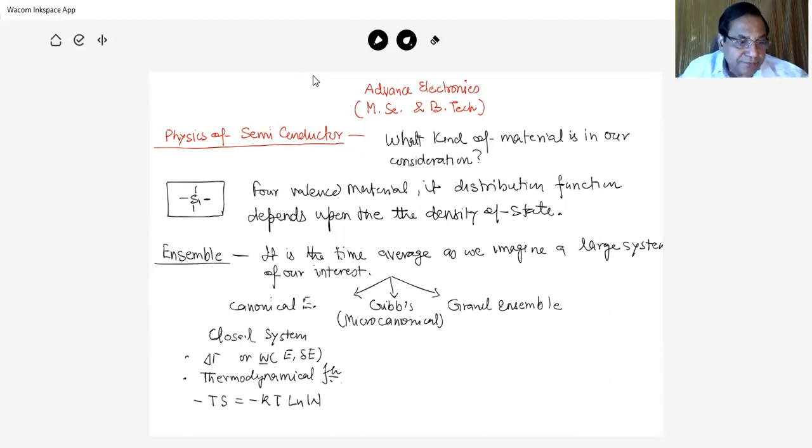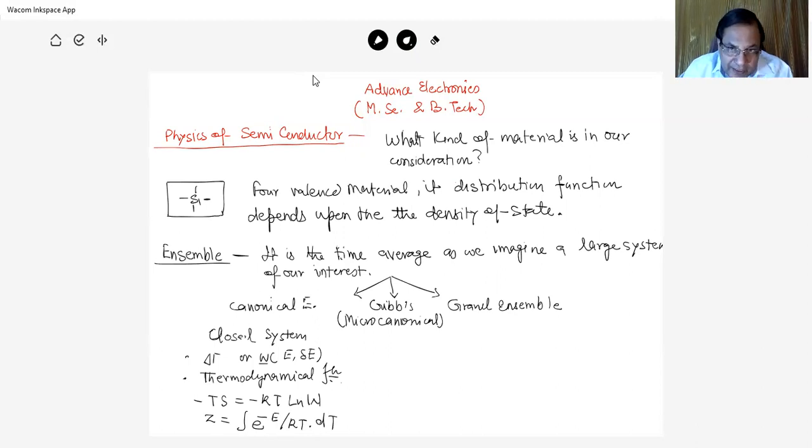In case of the closed system, it has the partition function Z, and Z is equal to the sum of e raised to minus E upon kT. This is Z, the canonical system.